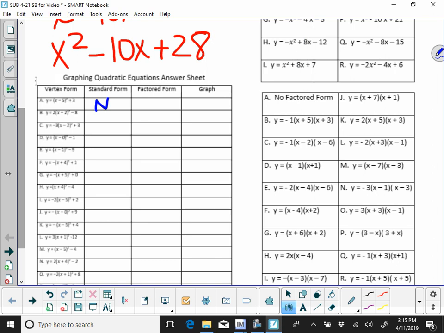Now, I will say this, for the one that I've given you here, if we were to try to Xbox this with 28 and negative 10, you've only got 1 and 28, 2 and 14, and 4 and 7, okay? None of those are going to give us a negative 10. So this one actually ends up being the only one that has no factored form.